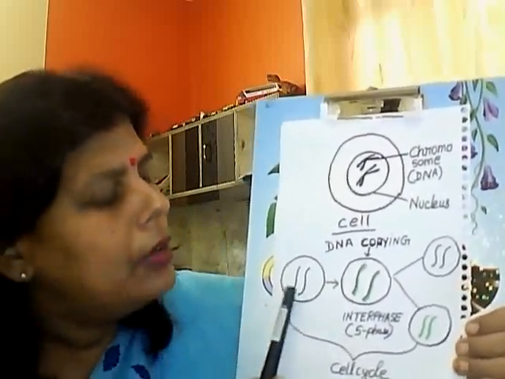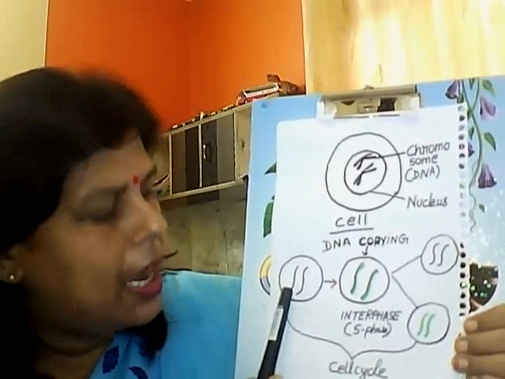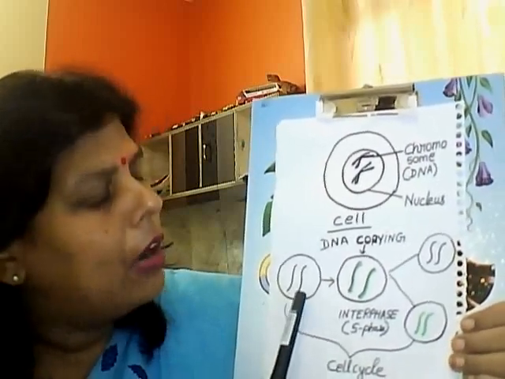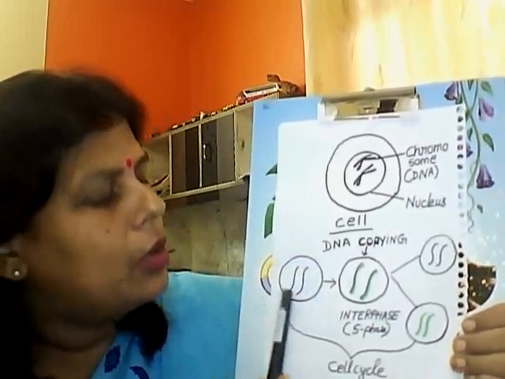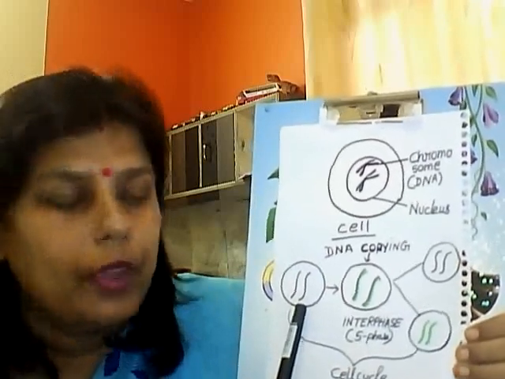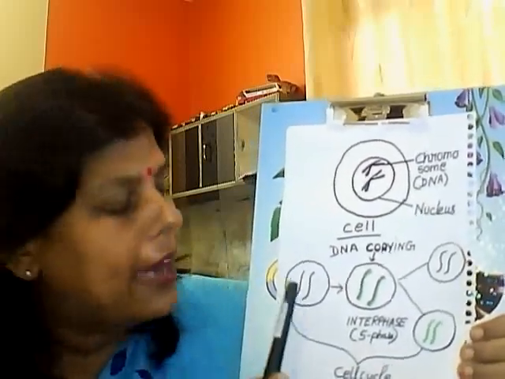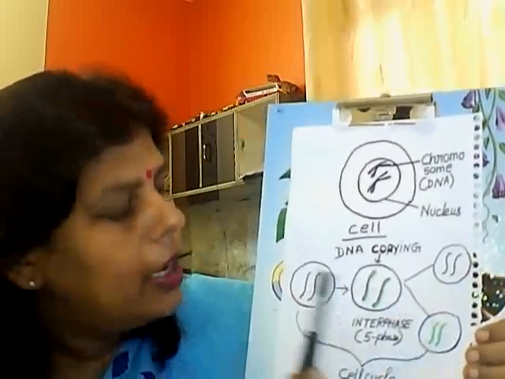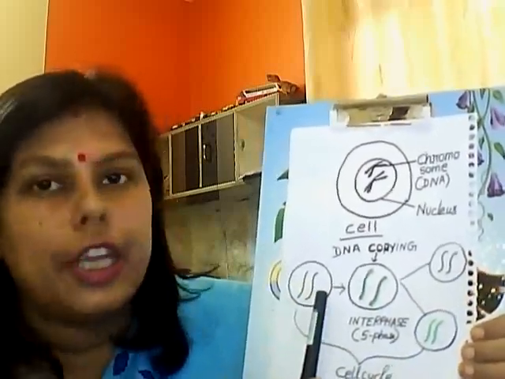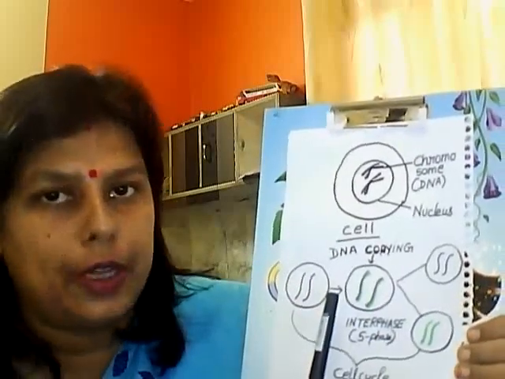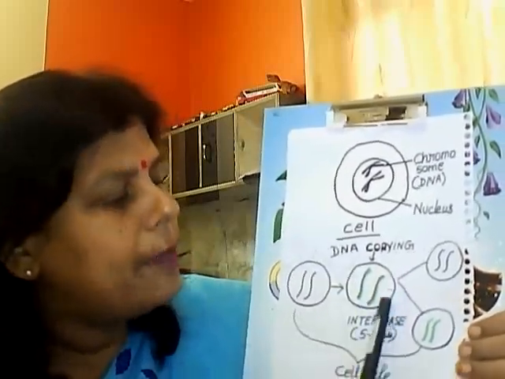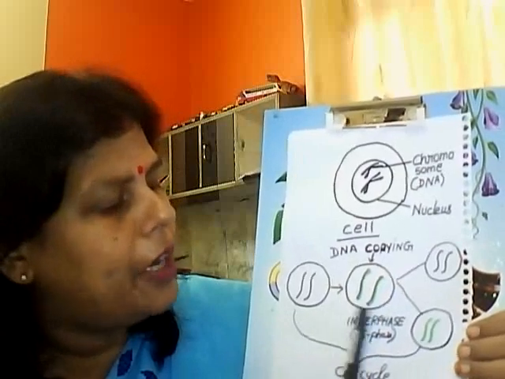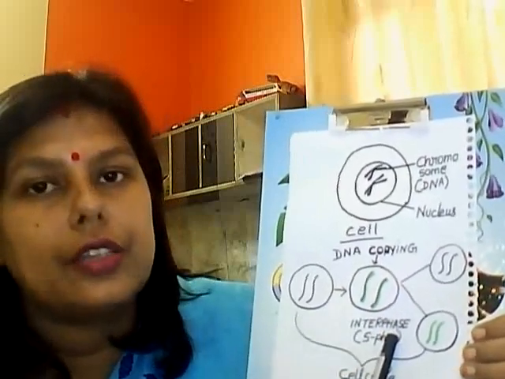Now this two means the hereditary material present in a particular cell when that cell is formed. But when a cell is formed, at that time it is not ready to undergo cell division. In it, various modification takes place, growth takes place. So that period is known as interphase.